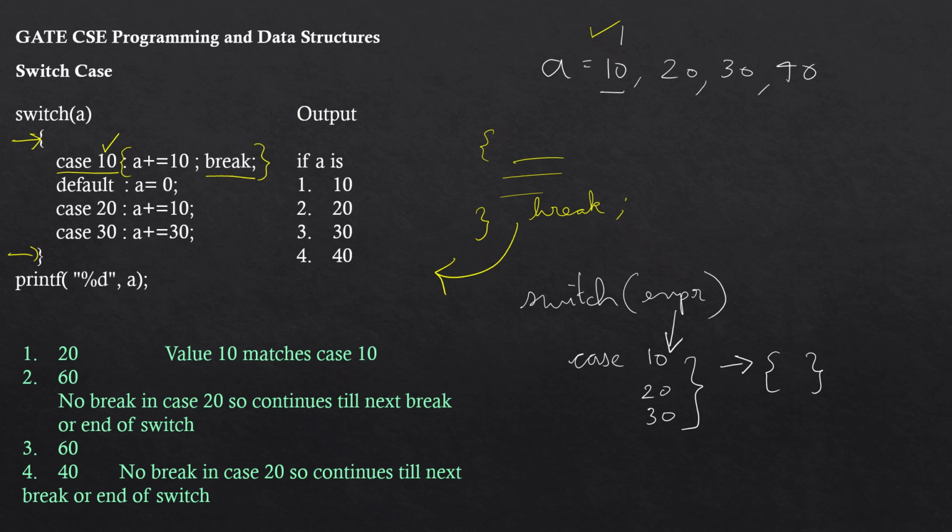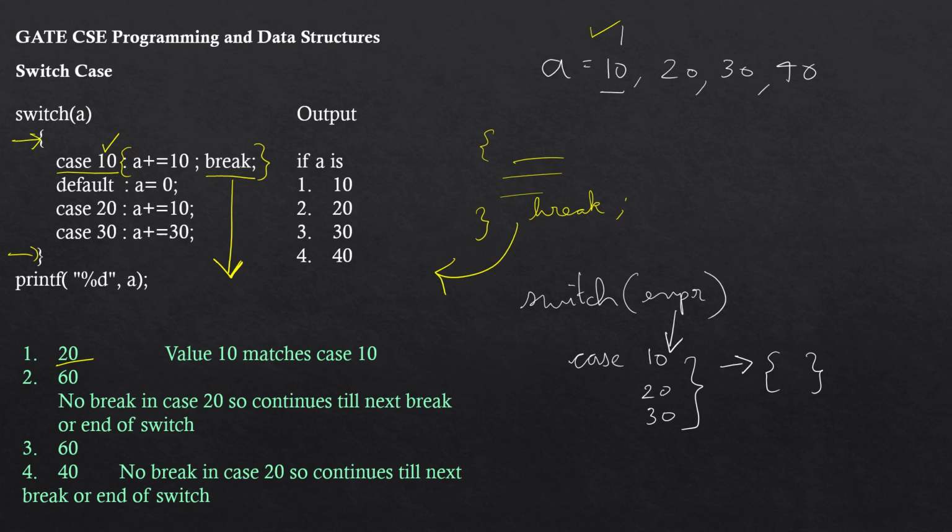In a switch case, we try to put a break in every case. If a case has a break, it comes out of the switch. That is the end. So the output we're getting is 20. That is one scenario where the case matched and had a break, so it comes out of the switch.